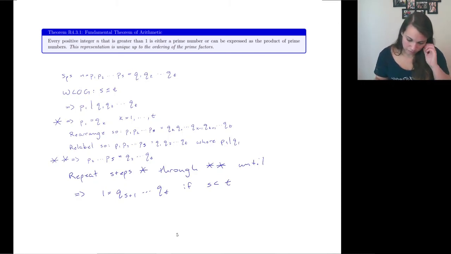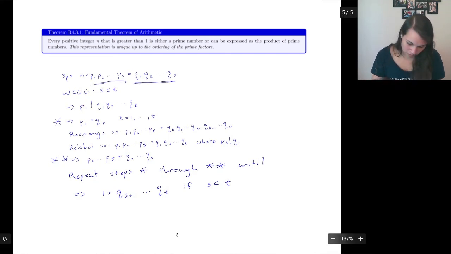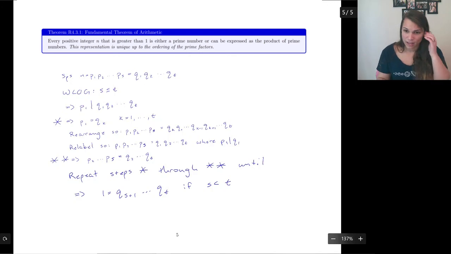However, the P's and the Q's were prime numbers. It was a prime factorization of n.